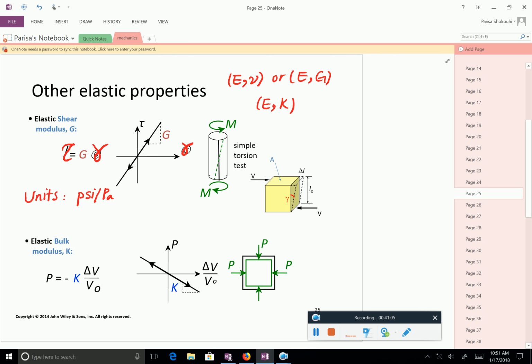Especially if you have a triaxial stress state, which is very common in soil mechanics, you have pressure coming from all sides. Change of volume to the original volume will be your bulk strain in a way, and here you have pressure. And the proportionality coefficient is the bulk modulus K that you can see here defined.